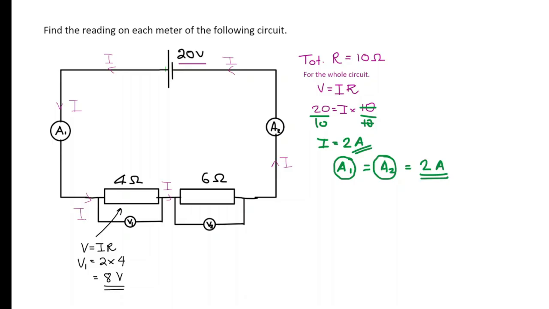You can think about, okay, we have 20 volts for the whole circuit, out of which 8 volts is across the first one. So obviously the remaining 12 must be across this one. How did I get 12? 20 take away 8 is 12. Or you can just use the normal way, V is equal to IR. The voltmeter reading V2 is 2 times 6, and either way, you get the same answer of 12 volts.